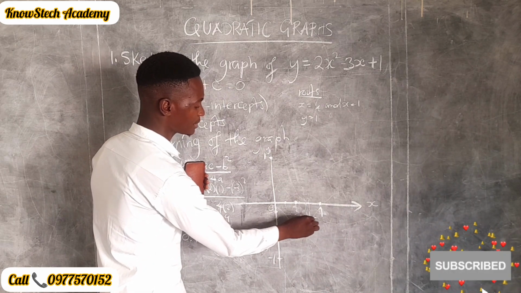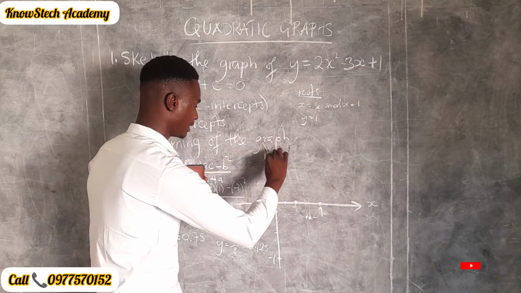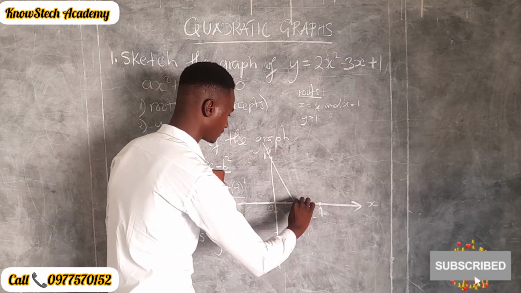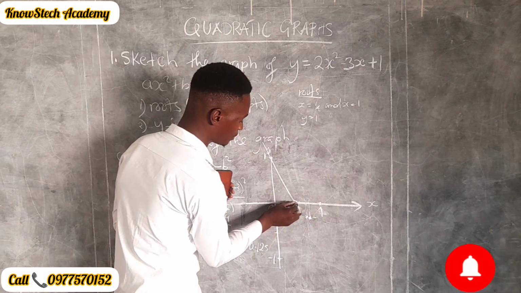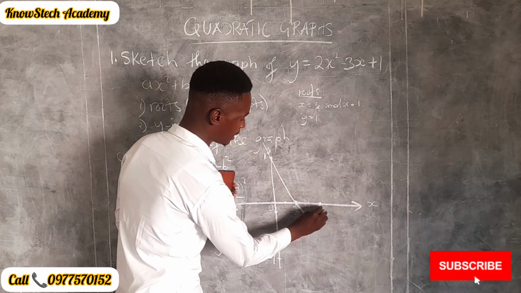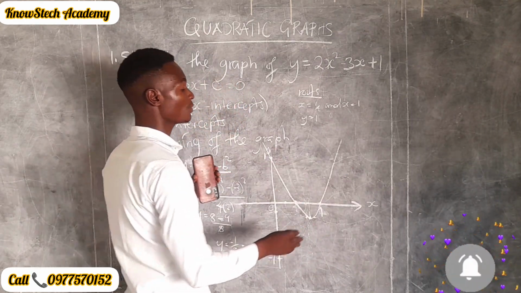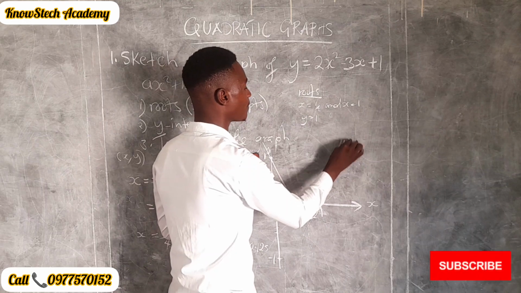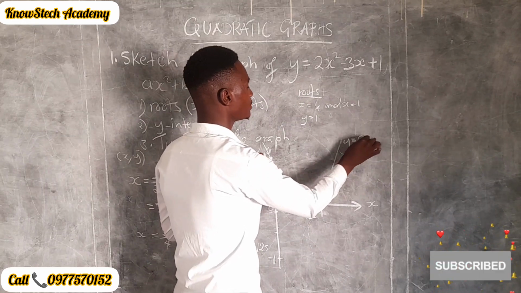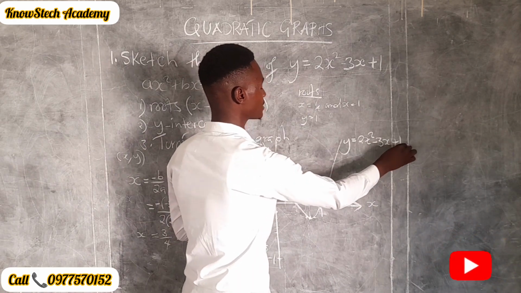So this is the turning point of the graph, and our graph will be like this. It passes through this point here, and it will turn from here. Then it will go up like this. Then you label this one as y is equal to 2x squared minus 3x plus 1.